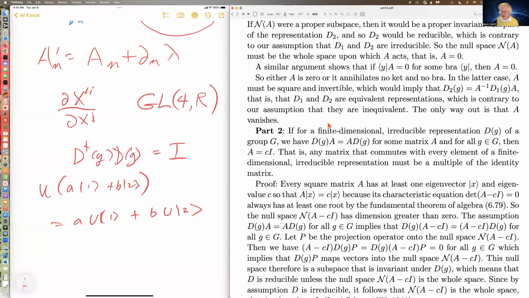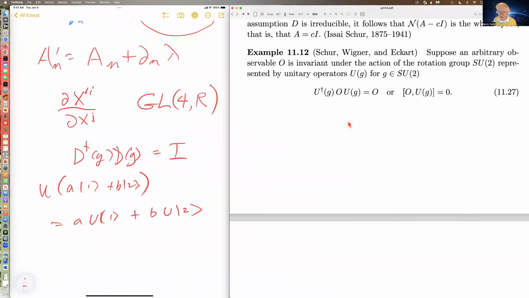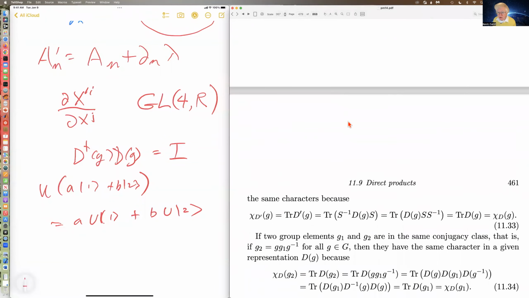Part two, if you have a finite dimensional irreducible representation D of G of a group G, and we have D of G A is equal to A D of G for some matrix A and for all G in the group, then A is a multiple of the identity. So that's important, but I don't think we need to dwell on it now.